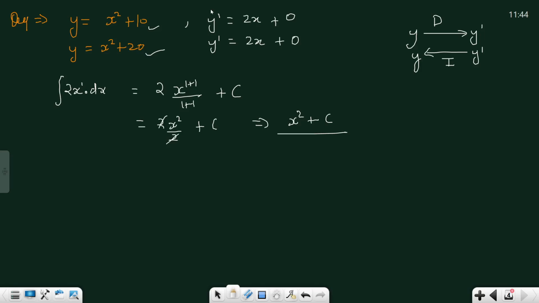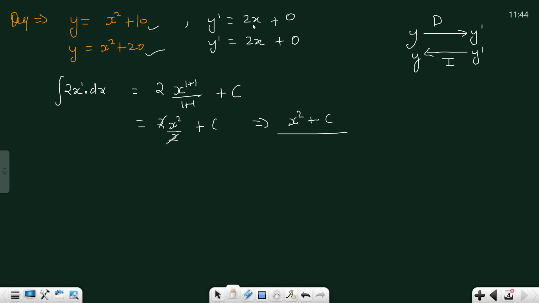We have taken two algebraic equations: y is equal to x square plus 10 and y is equal to x square plus 20. We have differentiated both, and you got y dash is equal to 2x in both cases, because for any constant, when you differentiate it you will get 0.